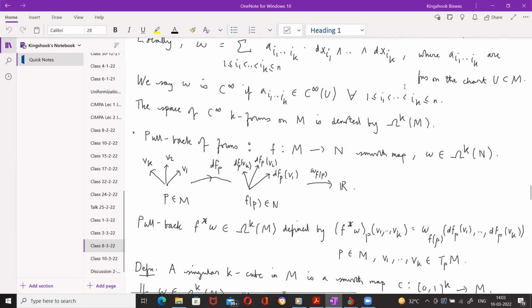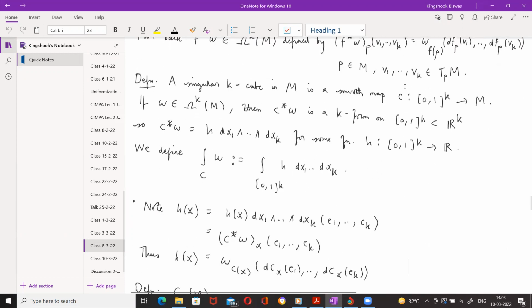And so we saw that a differential form is determined by its integrals over k cubes, right?